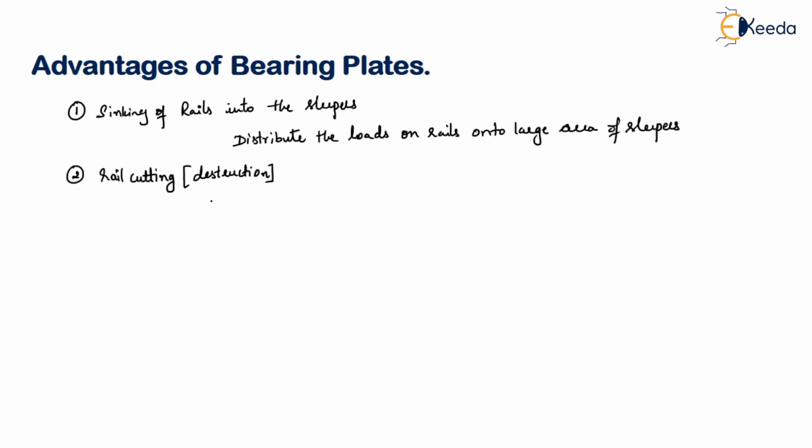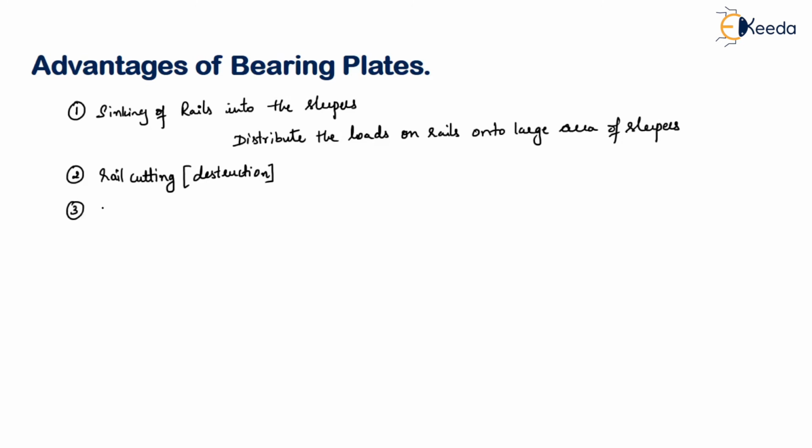When large loads come onto them, the rail tends to cut the sleepers, and because of that your sleeper will get destroyed, and hence you have to replace your sleeper, which will cost you more. So providing the bearing plates will increase the life of the sleeper, and that will result in economy. Okay, that's your second advantage.